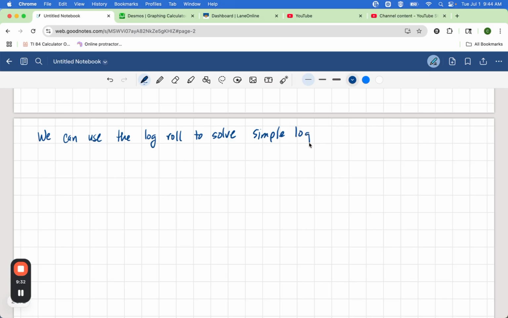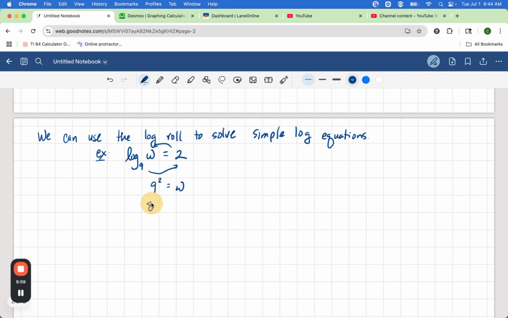So like this one that we're going to do here. Log base 9 of w equals 2. All right, so you're trying to find out what you need to log in order so that 9 to the what power is going to be that number, right? Or 9 to the 2 is going to be that power.